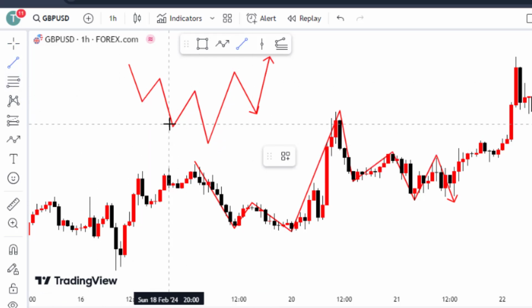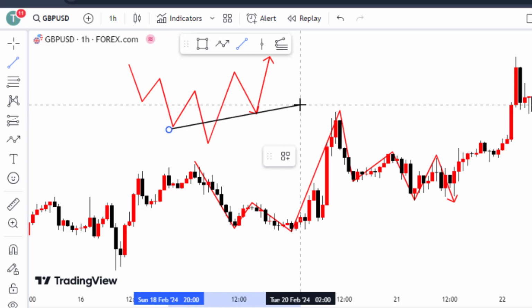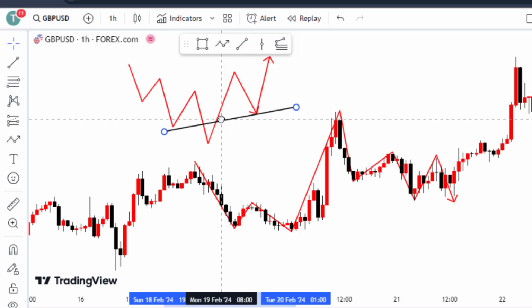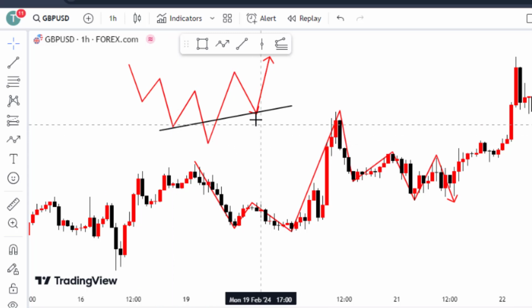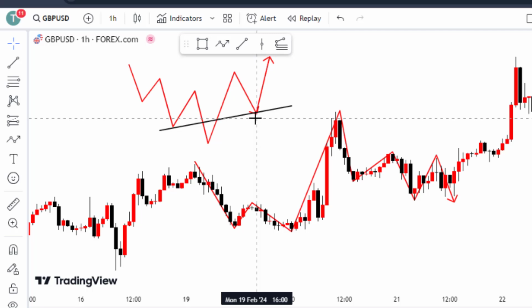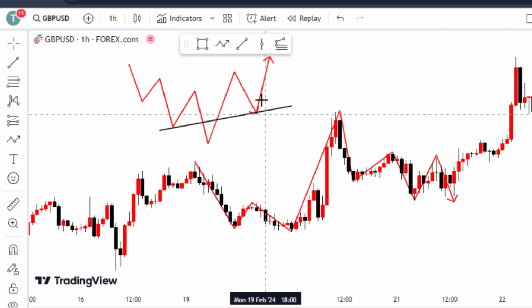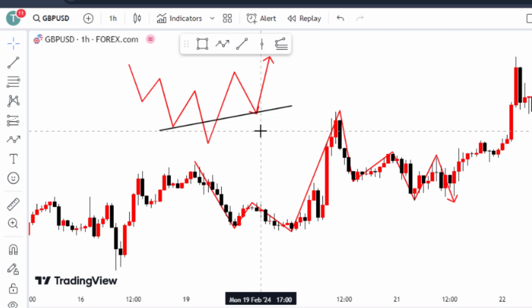If you notice, it's going to be like this. Are you seeing it? Because there was a short-term low at the left and a short-term low at the right. Are you getting me? This is how I normally find my intermittent lows in the market, so that I can follow the market structure.